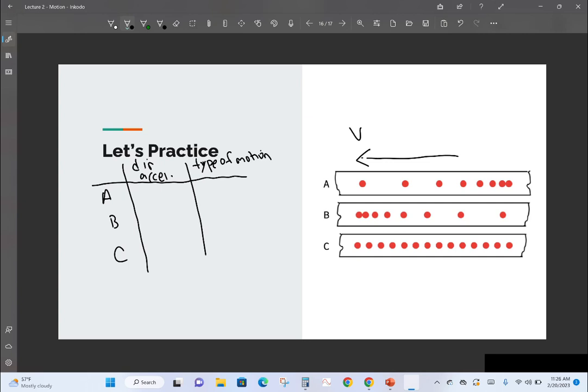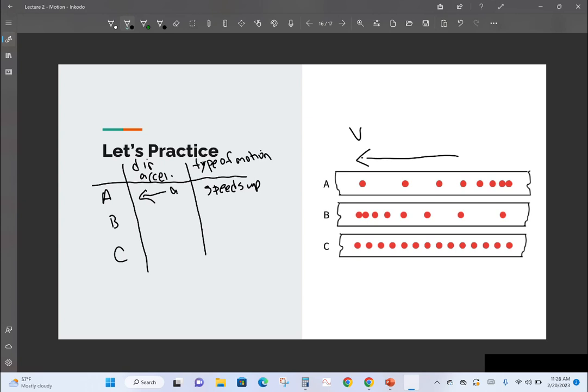So when I look at the first one, what is the direction of the acceleration? Well, it's to the left. And the car is moving to the left, so its type of motion would be that it speeds up.